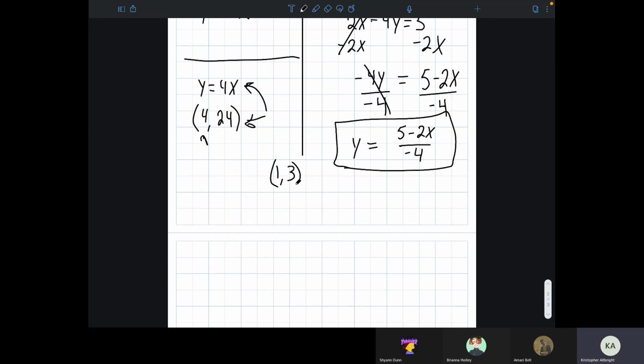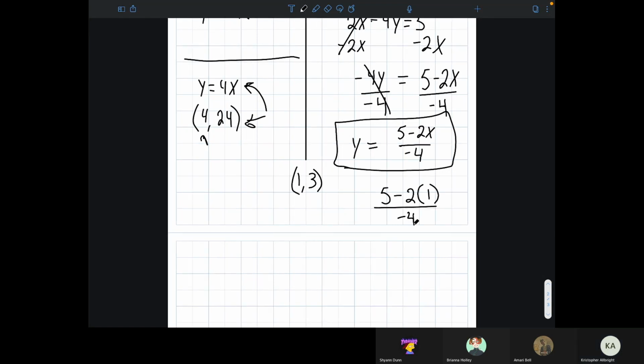It wants to know, okay, does 1, 3 work for this? And we say, well, we don't know yet. What we have to do is plug in our 1 for x, I'm sorry. So all I did was put that in there.